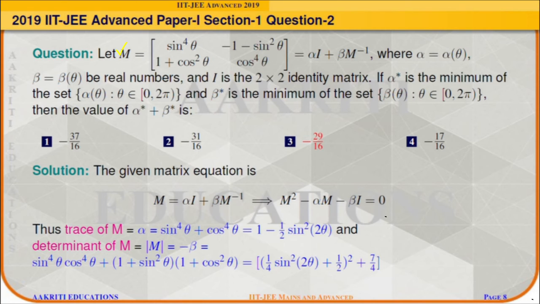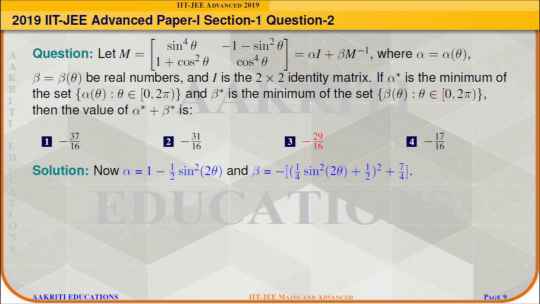Similarly, the determinant of matrix M will be nothing but minus beta by comparing the coefficient, and the determinant of matrix M will come out as sin^4 theta times cos^4 theta plus (1 plus sin^2 theta) times (1 plus cos^2 theta). By simplifying, we will get 1 by 4 times (sin^2 2 theta plus 1 by 2) whole square plus 7 by 4.